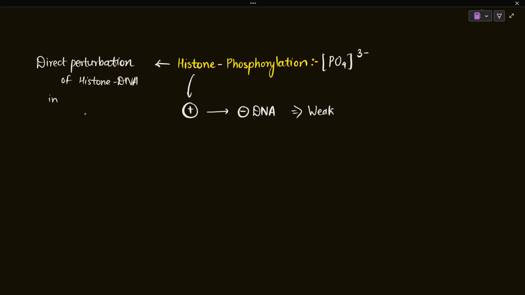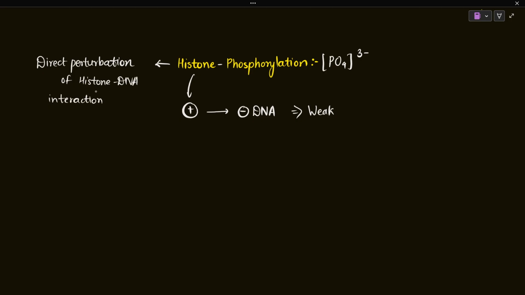Unlike histone methylation, which is a signal for recruitment of some factors which are going to change the chromatin environment. So that is an indirect way of changing the chromatin environment, while this is the direct way of changing the chromatin environment. So it brings out the direct perturbation in the histone-DNA interactions.